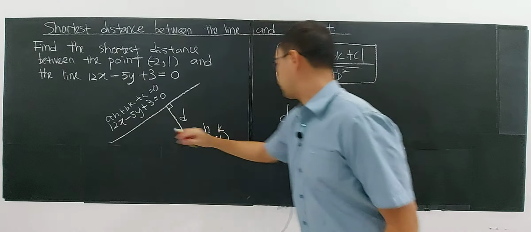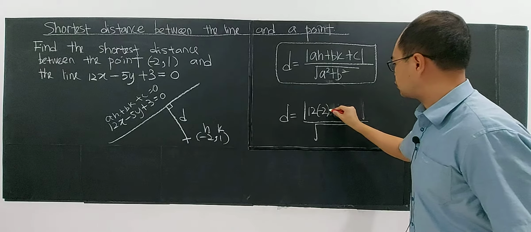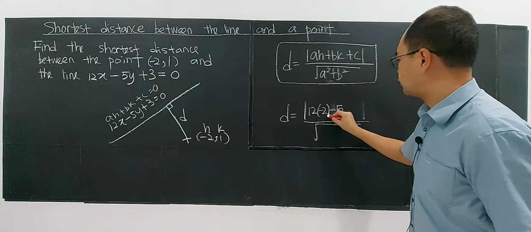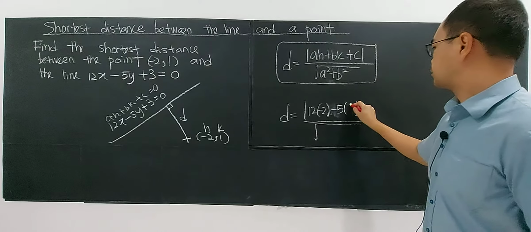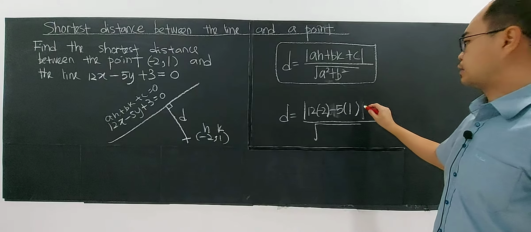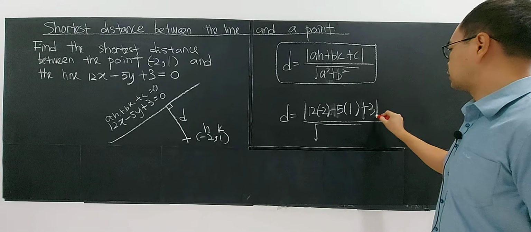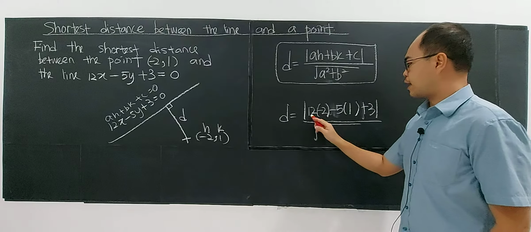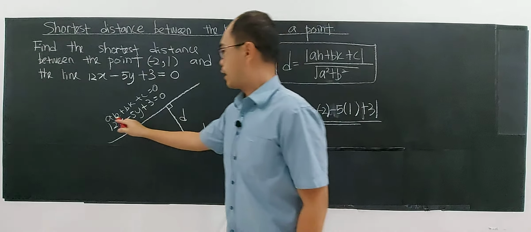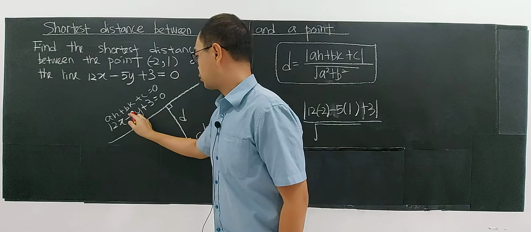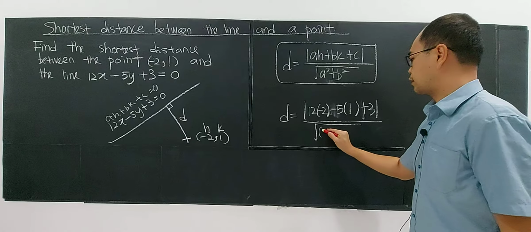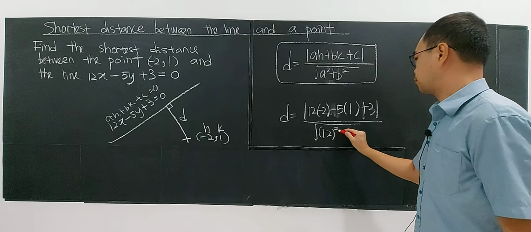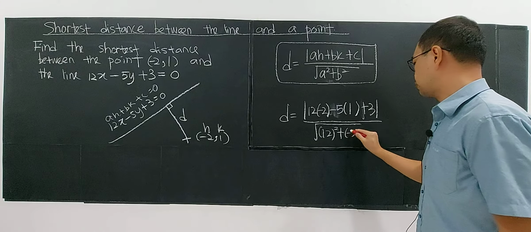Your b is -5, so I just follow here to be -5, and the value of k will be 1, plus 3, modulus, and the square root of a squared plus b squared. So this is your a and this is your b, so it will be 12 squared plus b squared.